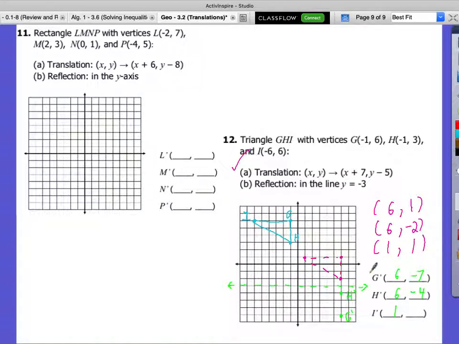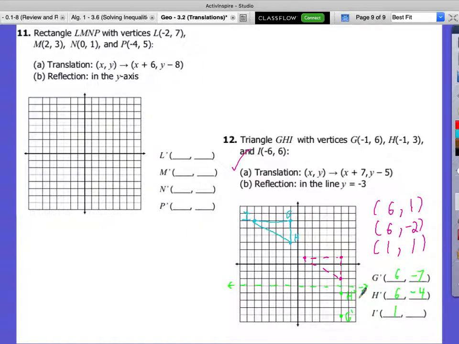So okay, we were reflecting over the line y equals -3. So we're saying it has to be the same distance from this line on both sides. So this G up here was 4 away. So it has to be 4 away this side, which makes it -7. H had to be 1 away, so it's 1 away on this side, -4.